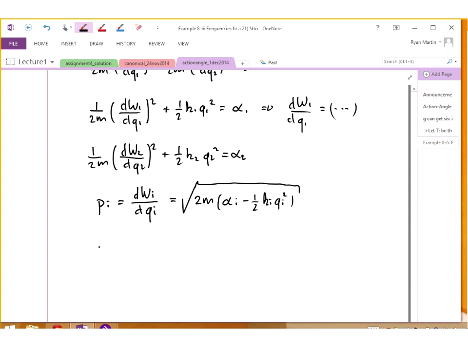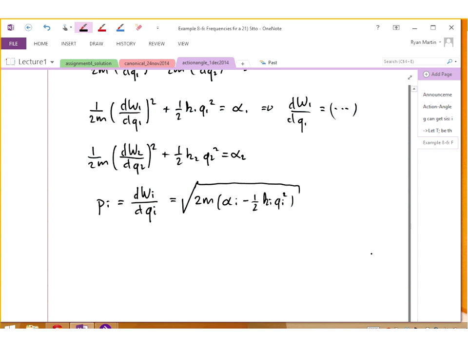So I can use the equations above to isolate what dW_1/dq_1 is, and that's also equal to p_i. So I've just written what p_i is equal to. Remember, the goal is to get the capital J_i, which are given by the integral of lowercase p_i dq_i, with a circle on it.